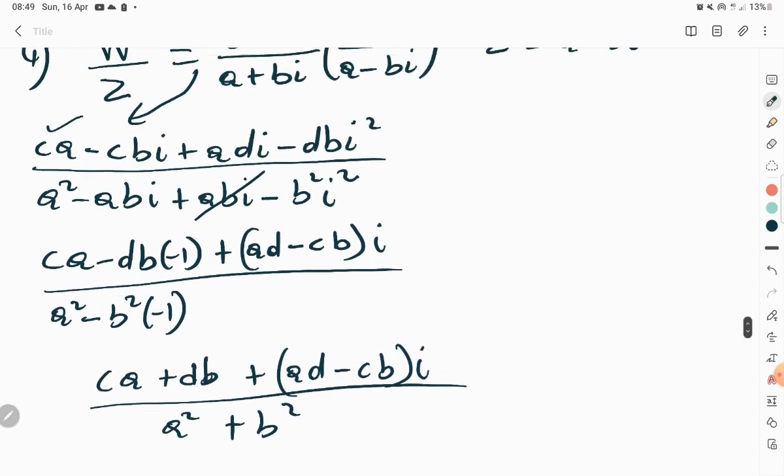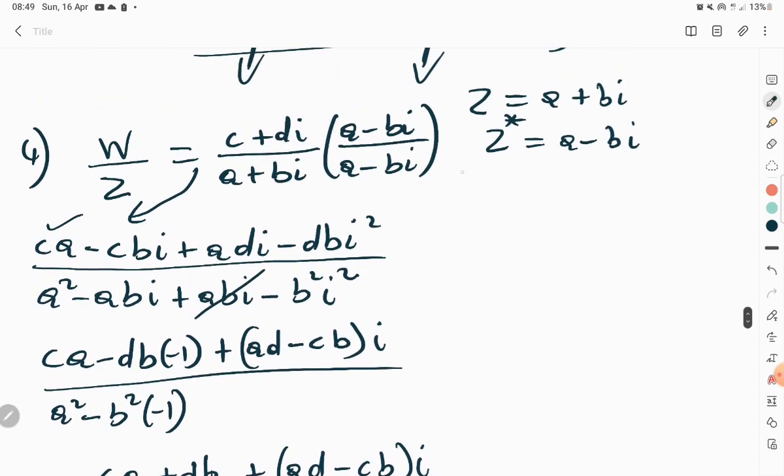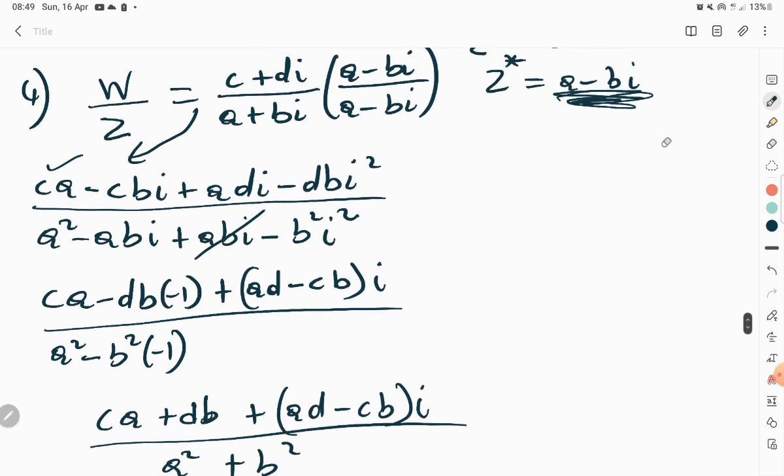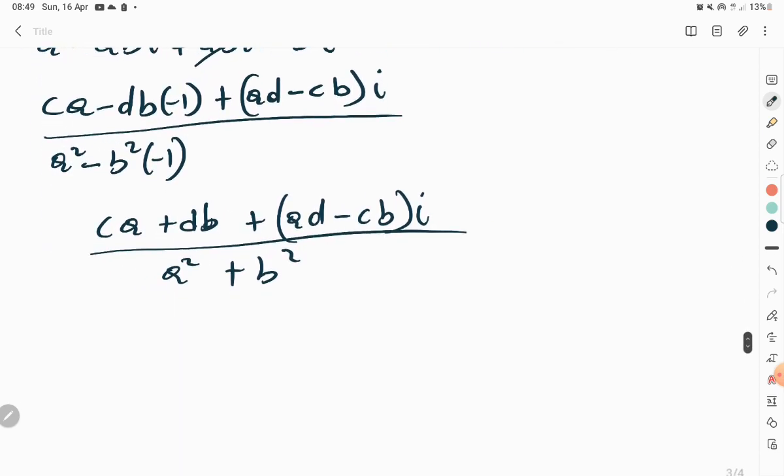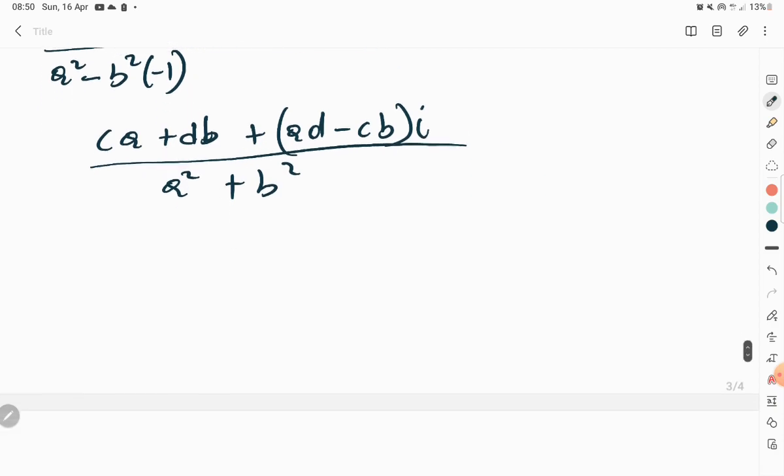Our target is to make this whole thing be in this format: the real part must be on its own, and the imaginary part must also be separated. Now we can see that it is close, because this real part is dividing this part, and it is dividing this part as well. So it is wise now that we separate them.